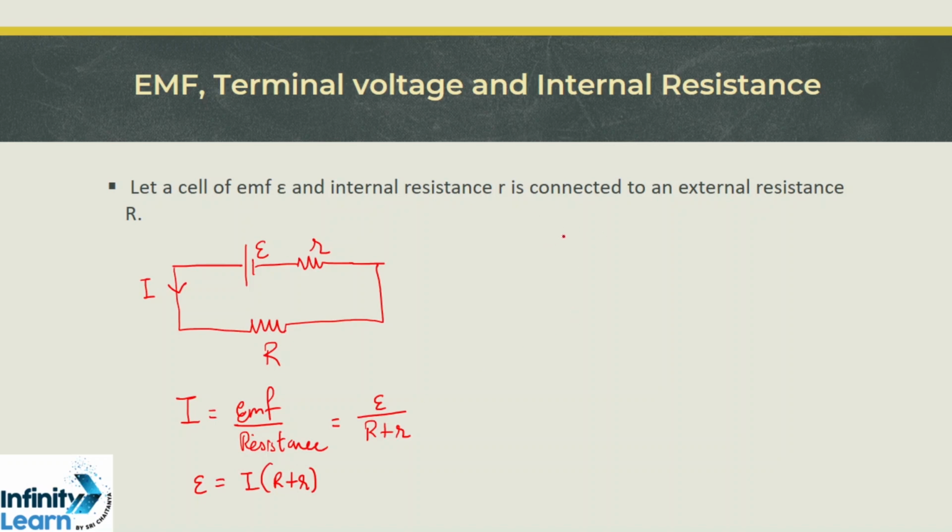Now once we open the bracket, what we have is I into capital R plus I into small r.